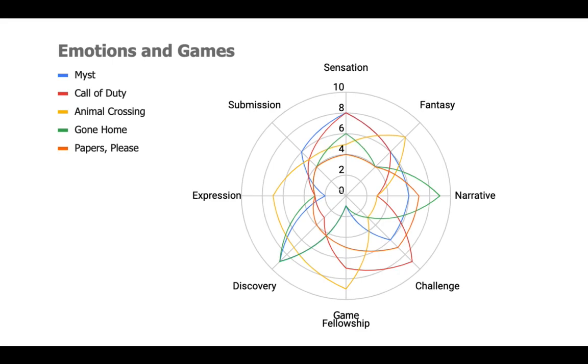So the more that it hits expression and discovery, the more it kind of jams down that corner, maybe the less challenge it'll have, or the less narrative it has. So it kind of pulls away from the other side, or it pulls away from adjacent elements. But the internal area of that zone kind of stays the same, and it's a similar idea of you have 3 things, but you can only have 2 of them.